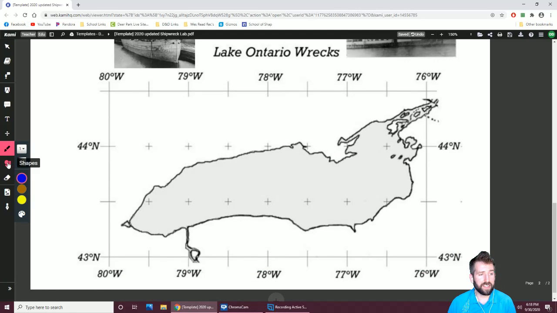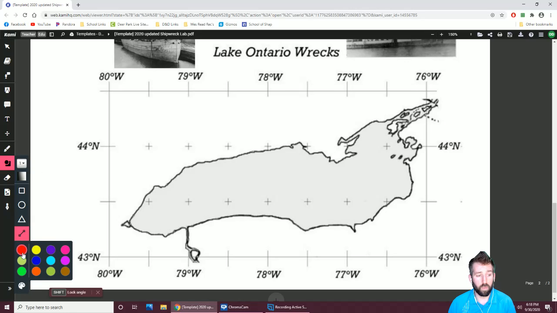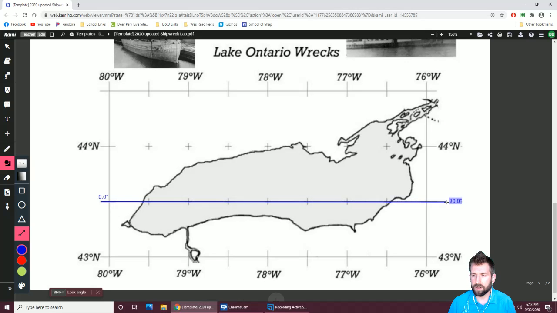Now, to make this easier, I would suggest making a grid to help you line things up. So with a stroke thickness of perhaps 1, I'll do it in blue so it looks nice, just finish the rest of this grid. I'll make these lines so that it's a little easier for you to see.